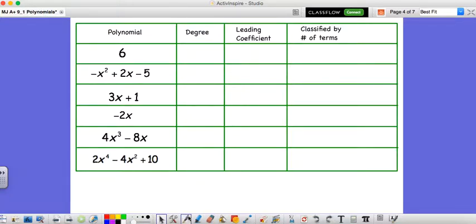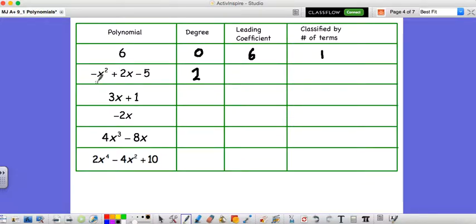So let's look at this a little bit further. If we are given the polynomial 6, that degree is 0. That's like 6 times x to the 0th power. Leading coefficient here is 6. How many terms is this? Just 1. The degree on this polynomial is that first degree if it's written in standard form, so 2, it's the highest degree. Leading coefficient, there's a negative x squared.